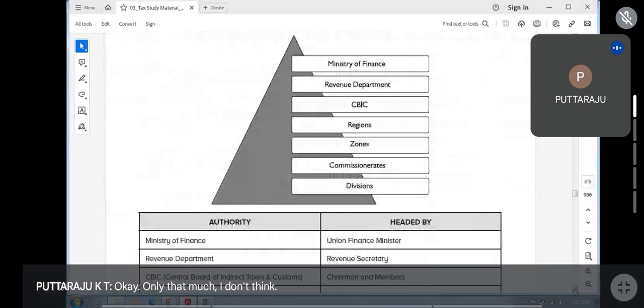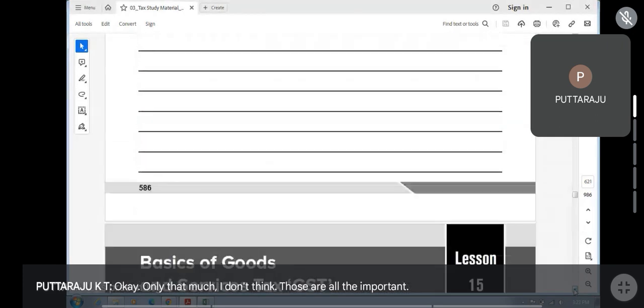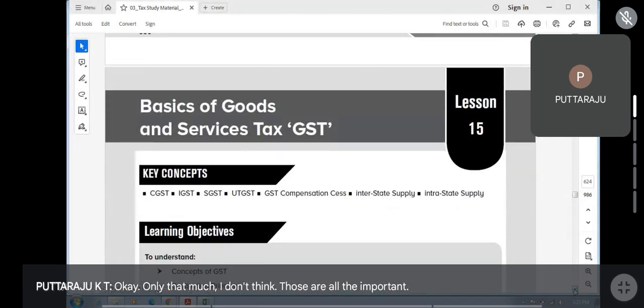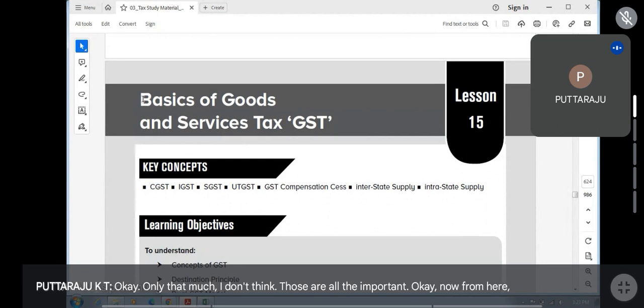Okay, only that much. I don't think those are all that important.